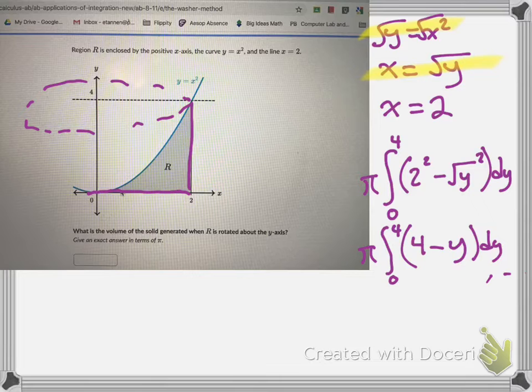I took the square root of both sides, and I got x equals the square root of y, because I'm trying to now plug them in with my function sort of in the opposite way, with an x value in terms of y, because I'm going to be integrating along the y values. And in this case, my upper function is this vertical line, which is just x equals 2 minus the square root of y, which is my other function.